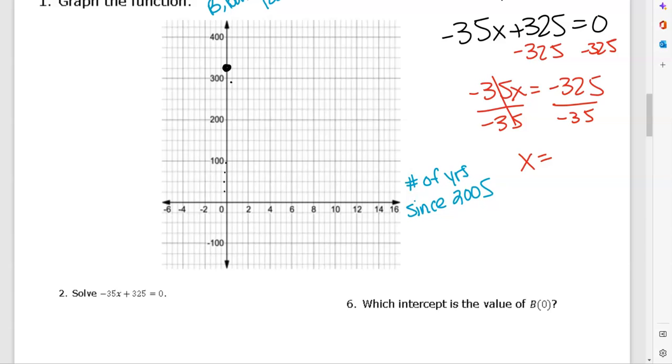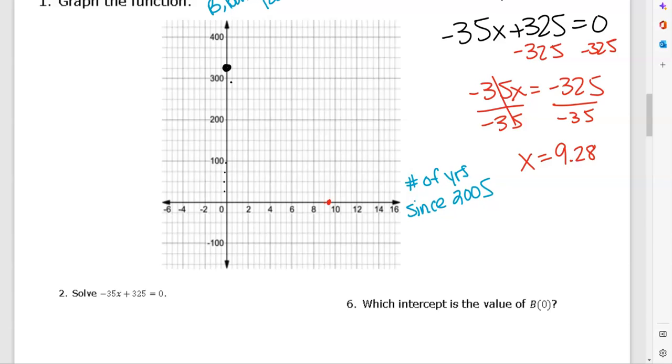It'll be a positive something. 325 divided by 35. It's 9.28? Yeah, 9.285. Okay. So it's approximately 9.28. We know it's positive because we had negative over a negative. So 9.28. Let's see here. Here's 9. That's 9.5. It's going to be right in between.